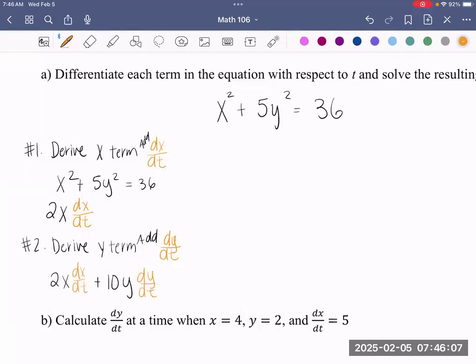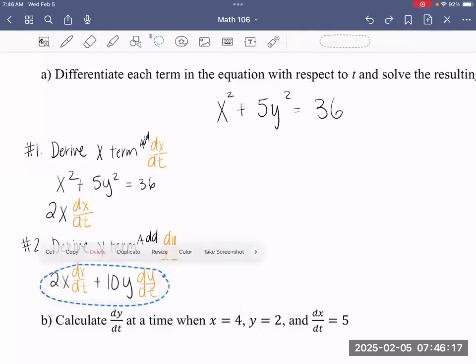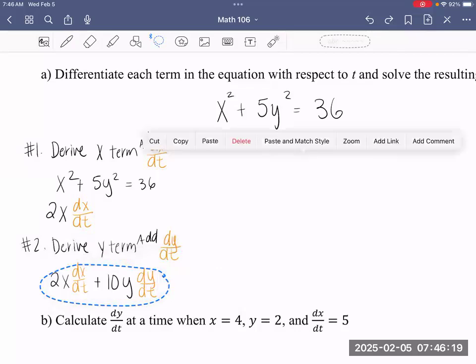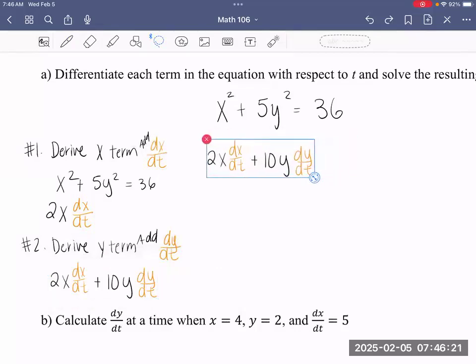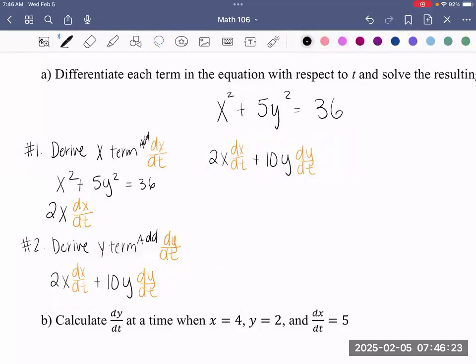So kind of taking them in parts. Now your last remaining part: we can derive your constant, which, because it's a constant with no variable, is just going to be 0.